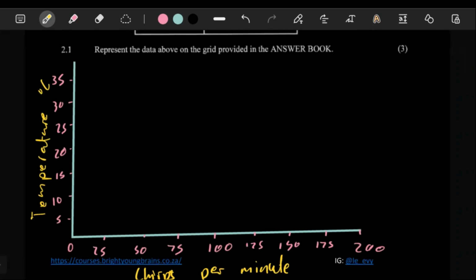Luckily, remember, you're going to have grid paper, so you don't have to worry too much about my scale here.